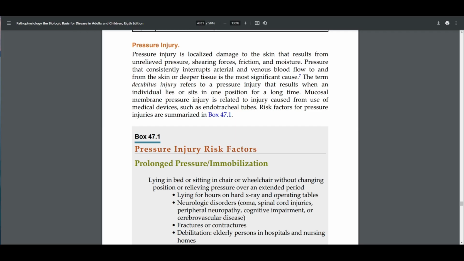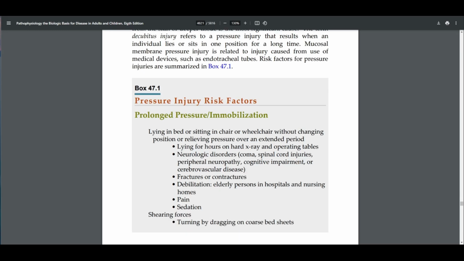The term decubitus injury refers to a pressure injury that results when an individual lies or sits in one position for a long time. Mucosal membrane pressure injury is related to injury caused from use of medical devices, such as endotracheal tubes. Risk factors for pressure injuries are summarized in the following box.